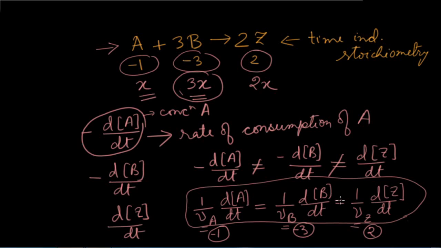Therefore, before going into studying the actual kinetics or actual rates of a reaction, we need to understand the fundamentals of stoichiometry. So this is part 1 of fundamentals of chemical kinetics.